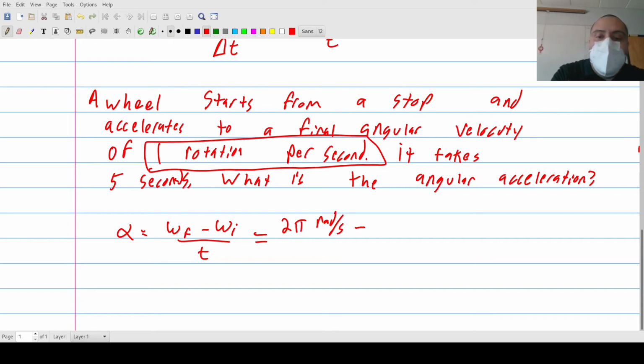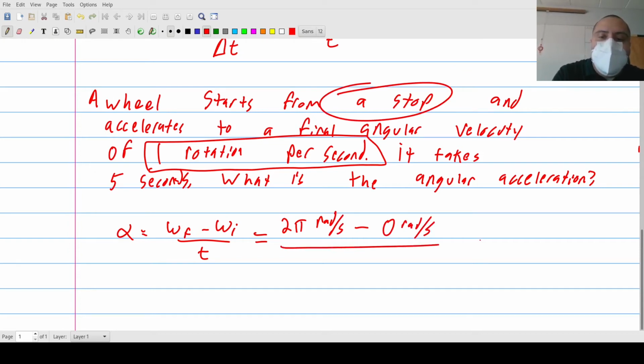Minus, it starts from a stop, so that's 0 radians per second, divided by 5 seconds. So 2 pi minus 0 is 2 pi, divided by 5 seconds is 2 pi over 5 radians per second per second.